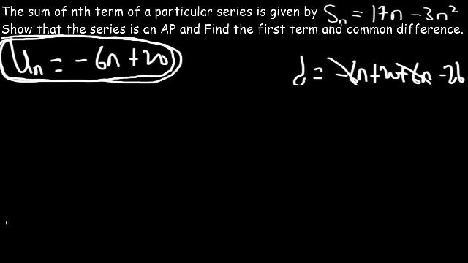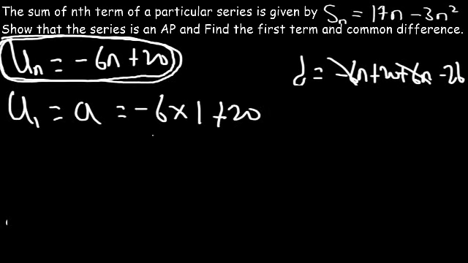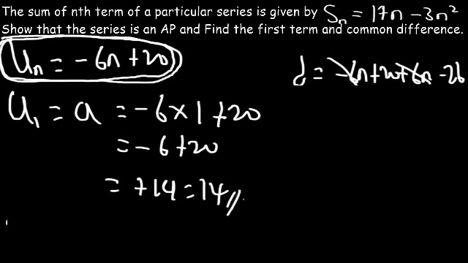Therefore, U sub 1, which is equal to the value of a, is equal to negative 6 multiplied by 1 plus 20. That should be negative 6 plus 20, which is positive 14. So that's 14, and this is the value of a. And this is also the final solution to this problem.